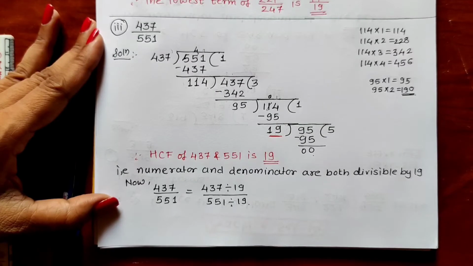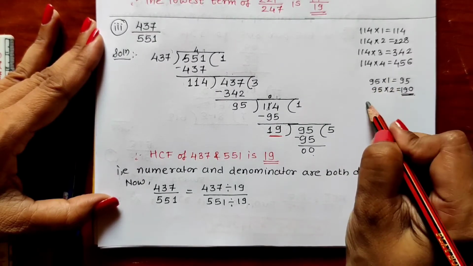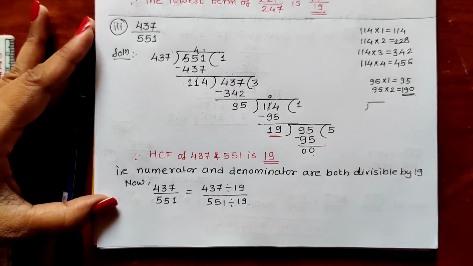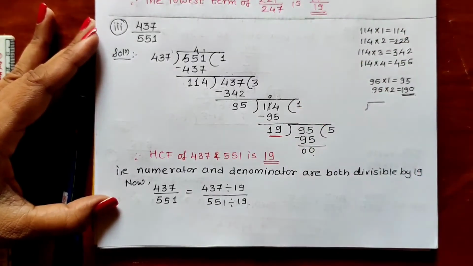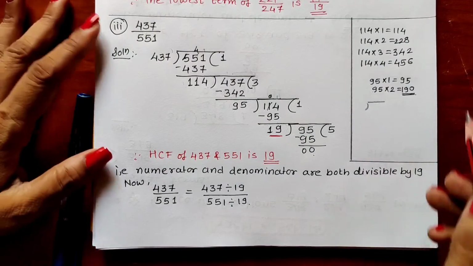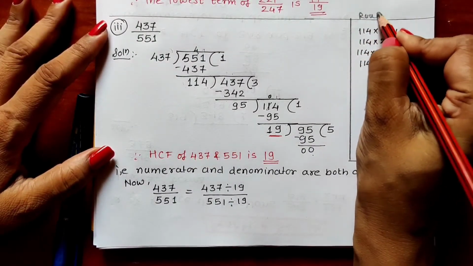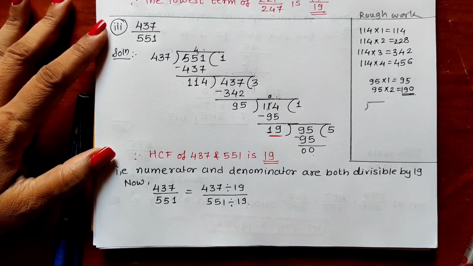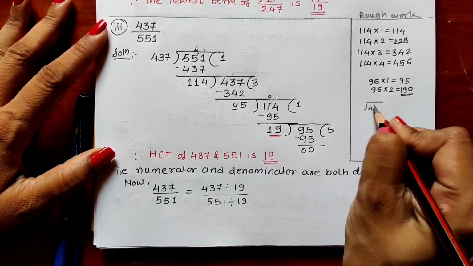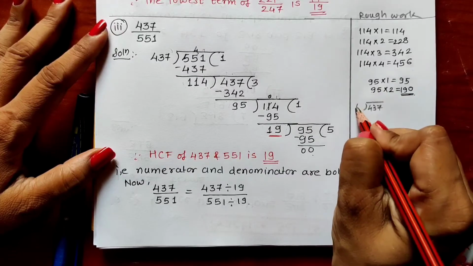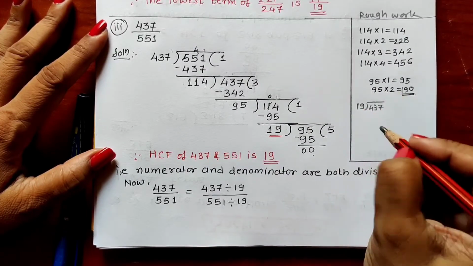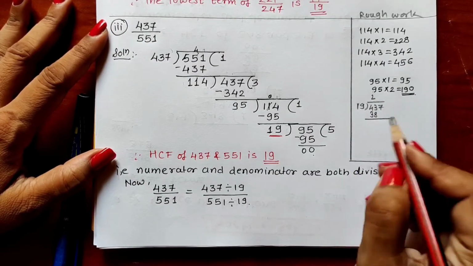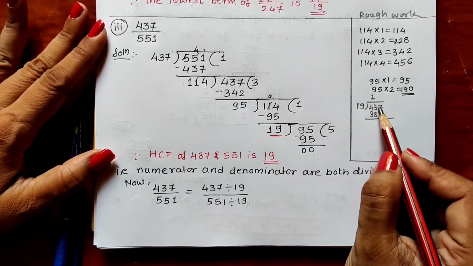Let us do the division here. First we divide 437. Okay, this is our rough work part. So you all can see I have separated it. Now let us divide 437 by 19. 19 twos are 38. 43 minus 38.